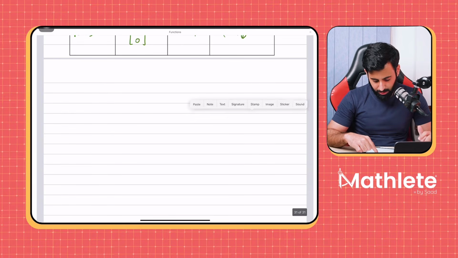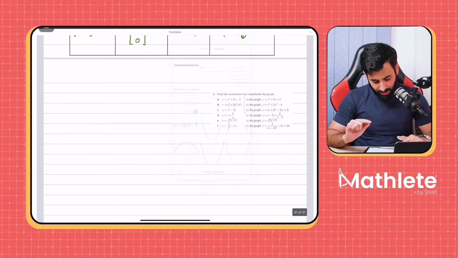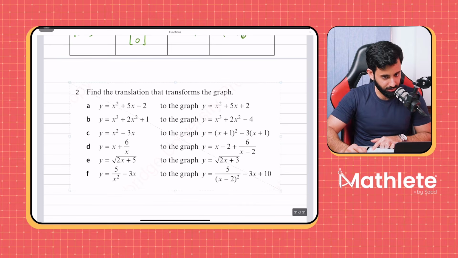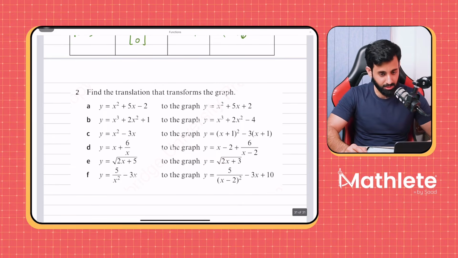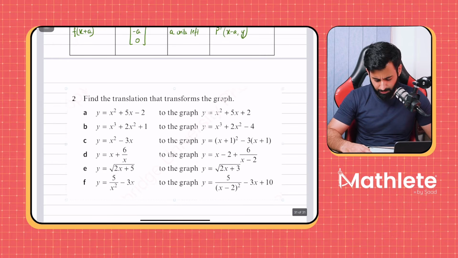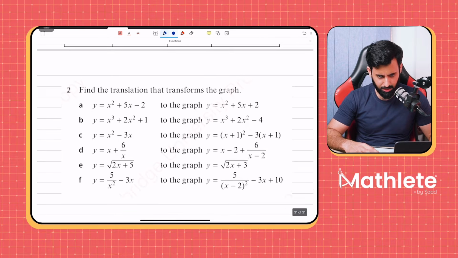So now we're going to see, we will have to write down what the translation is. We'll have to find out the translation vector. Now I'll do a couple of examples so that you learn how to distinguish.